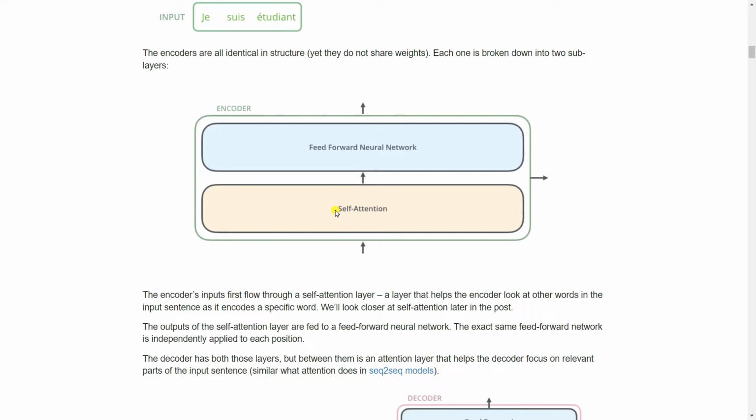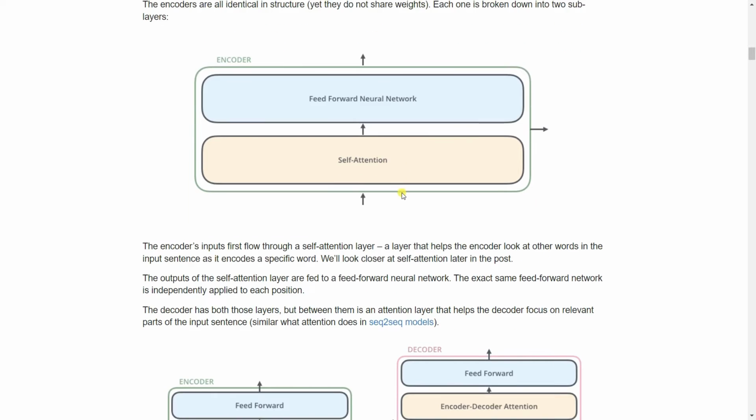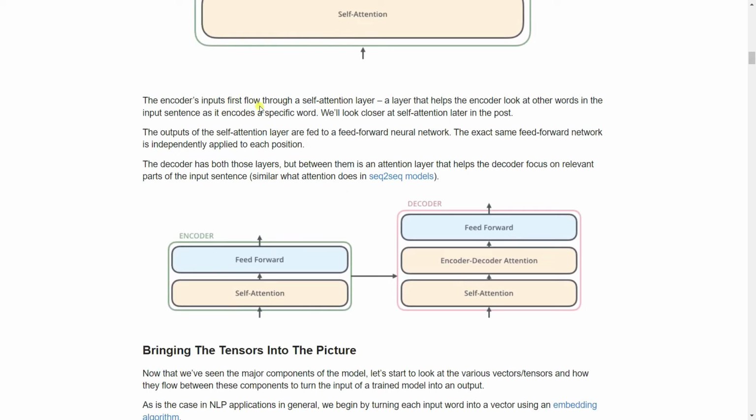That means we know that the transformer works on attention, or you can say the attention mechanism. Now the question is, what is actually attention? Attention होता है क्या? Right? आगे जाते हैं यहाँ पर. The encoder input first flows through a self-attention layer, a layer that helps the encoder look at other words in the input sentence as it encodes a specific word. Listen again.